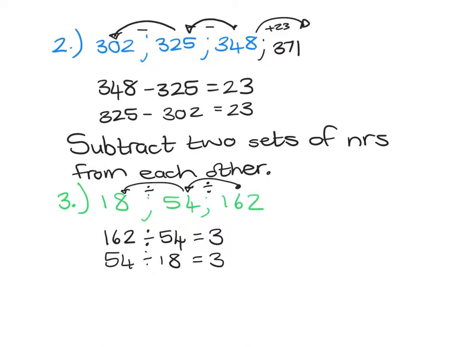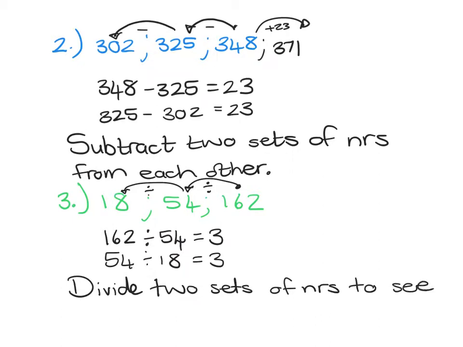Okay, so I am going to make my summary and say, in step 3, if step 2 didn't work, you have to go and divide two sets of numbers to see if it is a constant ratio.